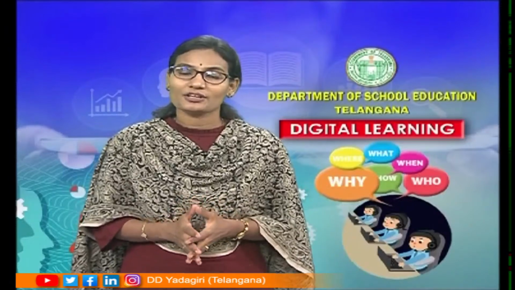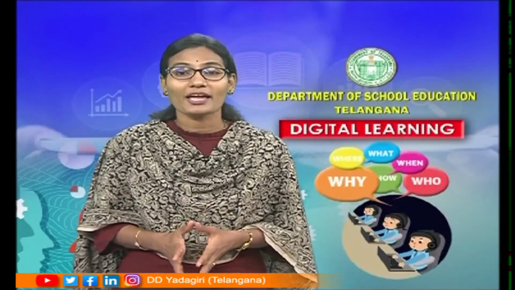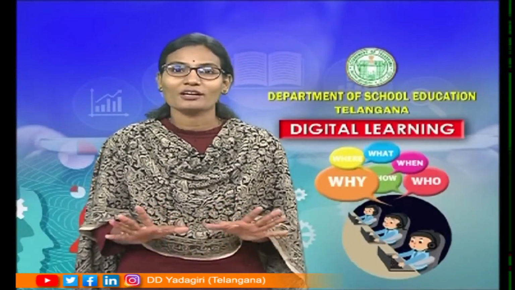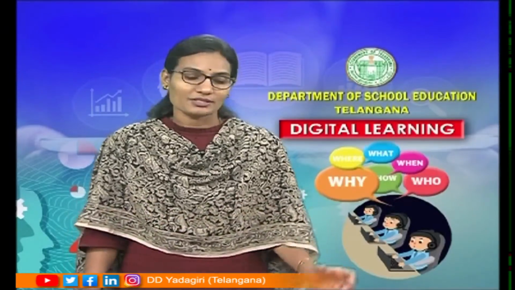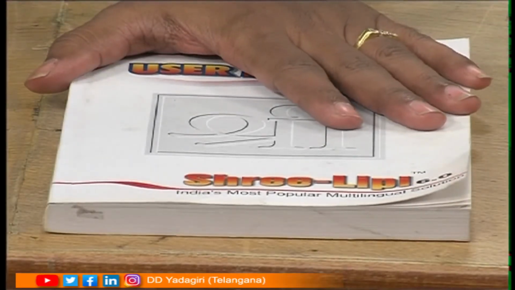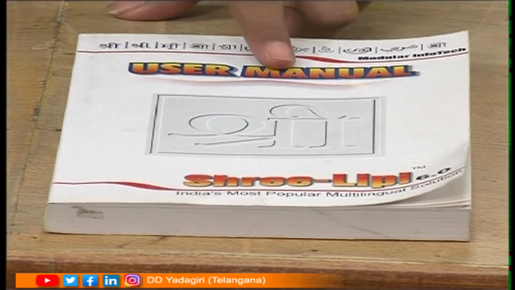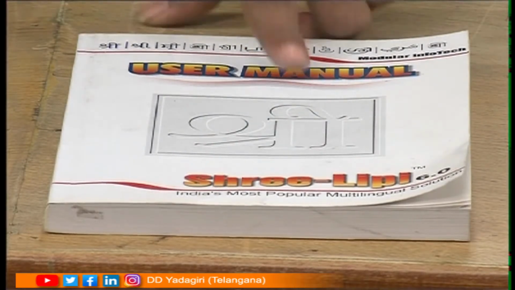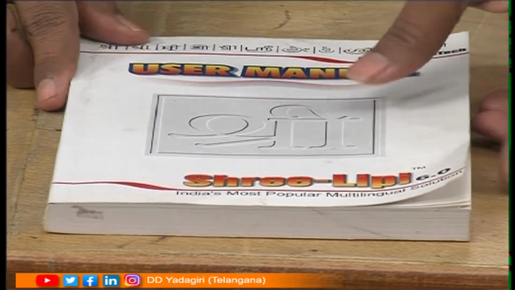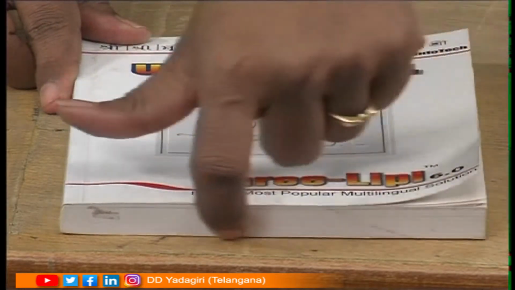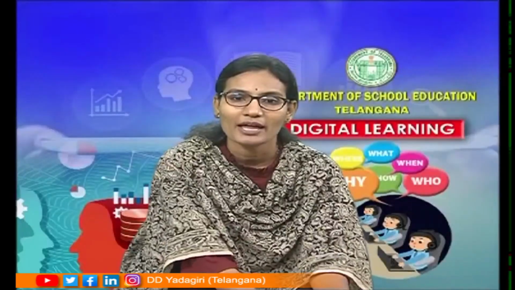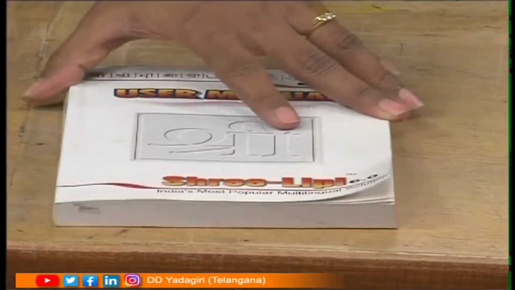Children, in this session we are going to learn about the effects of force: what happens after application of force on objects. See this here, the book kept on this table. What forces are acting on this? Generally a gravitational force is acting on this, a normal force is also acting on this, and also a friction force is acting between these two contact surfaces, the bottom of the book and the surface of the table.